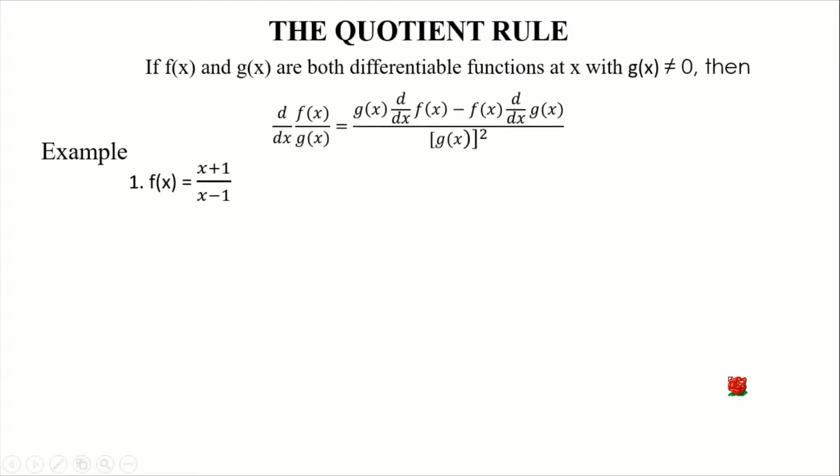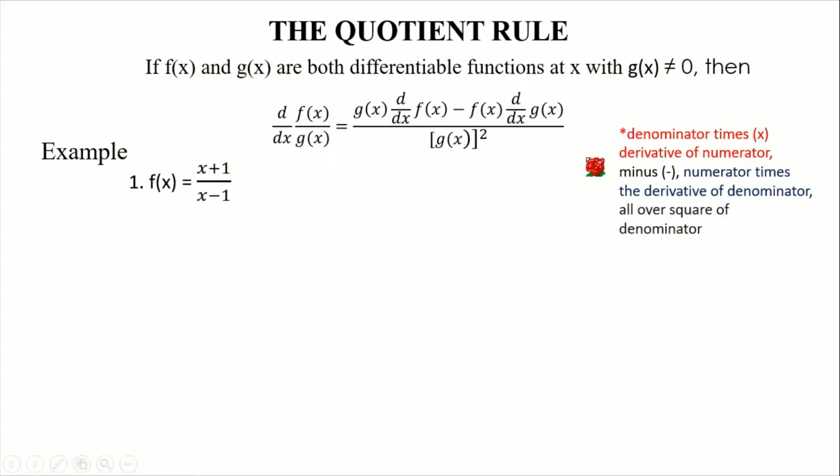So for example, we have f of x is equal to x plus 1 all over x minus 1. So our numerator is x plus 1 and our denominator is x minus 1. Gagawin natin para makuha yung derivative na ito sa quotient rule, sa denominator which is x minus 1, i-times natin sa derivative ng ating numerator.